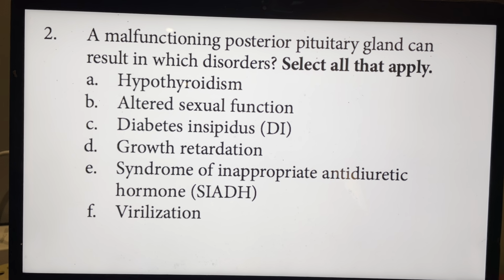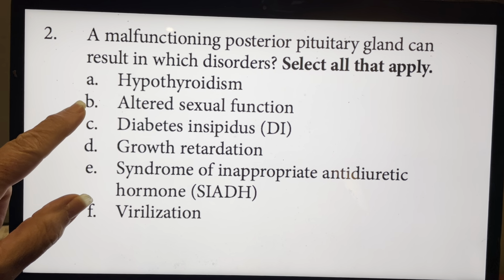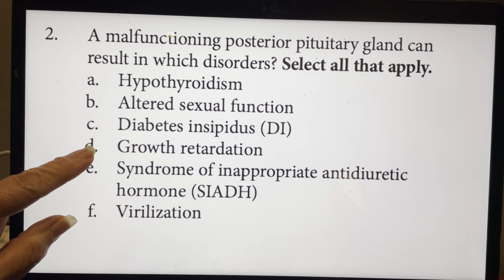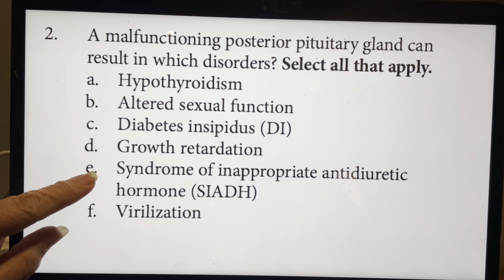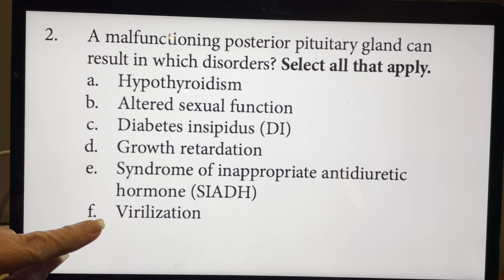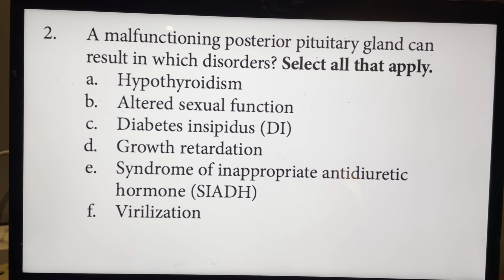Select them all. Hypothyroidism, altered sexual function, diabetes insipidus, growth retardation, syndrome of inappropriate antidiuretic hormone, or virilization. Sound like it need antibiotics.